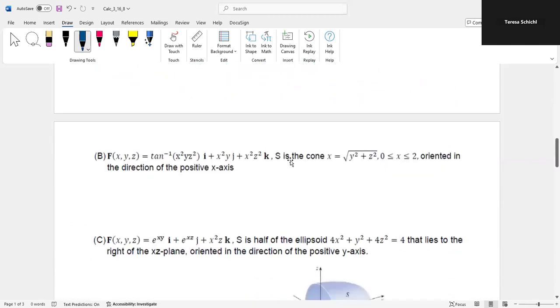If you take a look at the other two problems, with arctan, x squared yz squared, and x squared y, x squared z squared, the curl itself becomes very difficult functions. So how do I use the line integral to do that? That is the whole purpose of the first part of the Stokes problems.